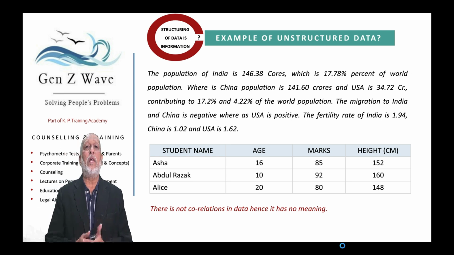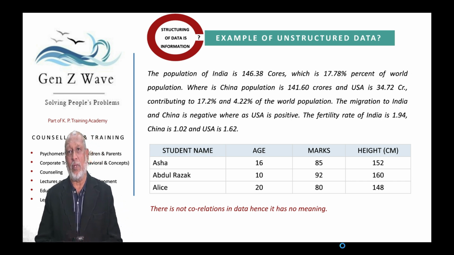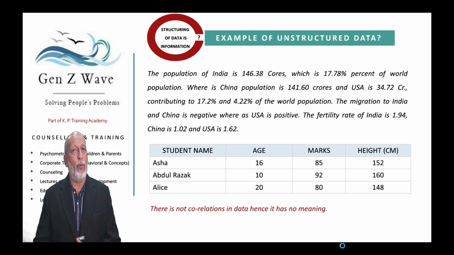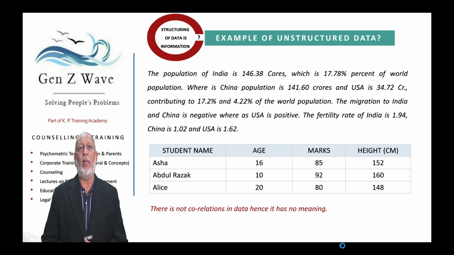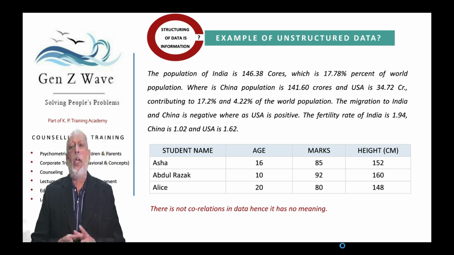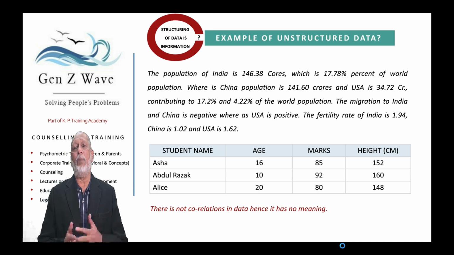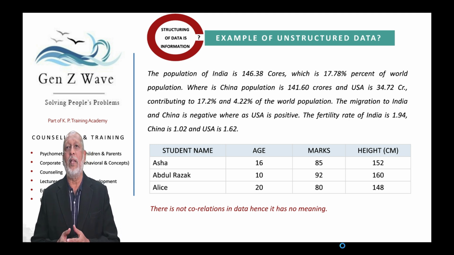Migration to India and China is negative, whereas the US is positive. The fertility rate of India is 1.94, China 1.02, and USA 1.62. If you look at this information, the reader or a person who wants to analyze cannot draw any information.